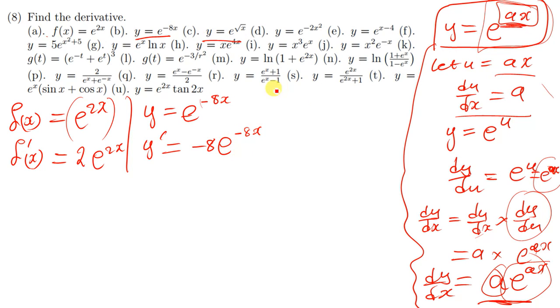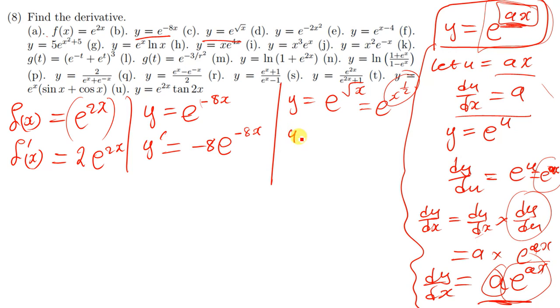We do the same. We have y is equal to e to the power the root of x, which can also be written as e to the power x to the power half. When you differentiate x to the power half, let's follow chain rule so that we see what we're going to have.